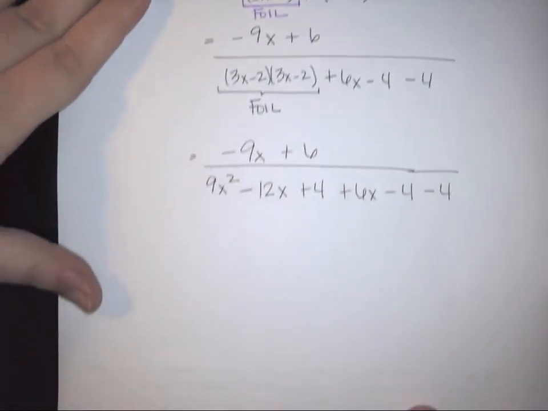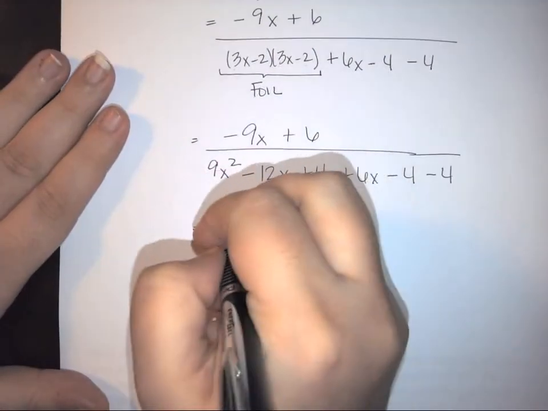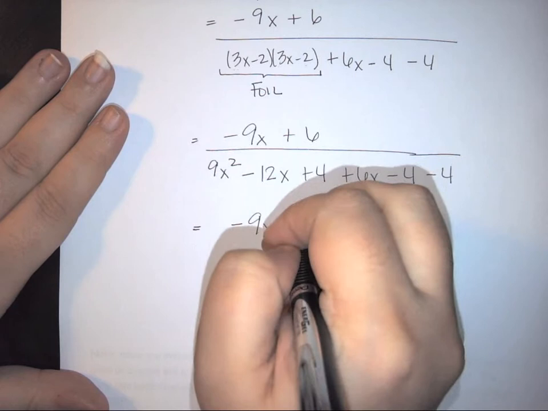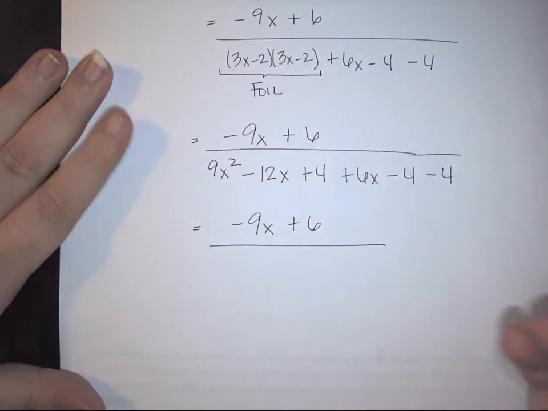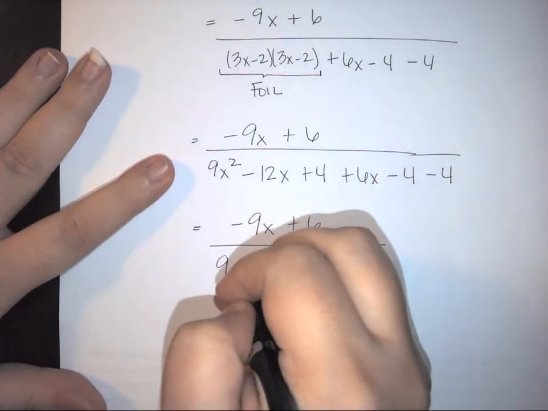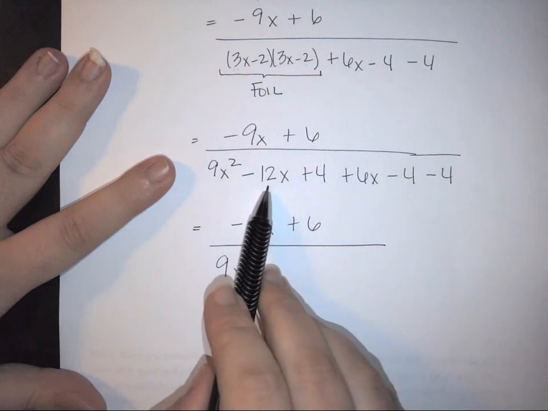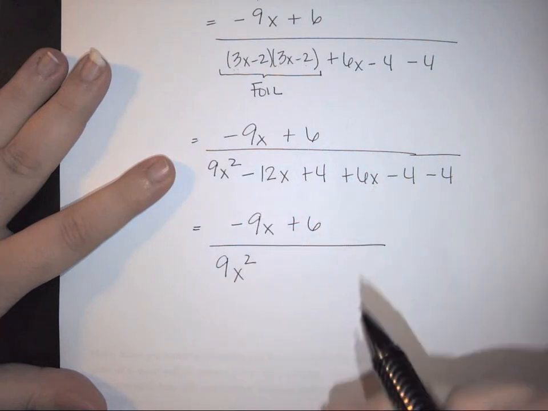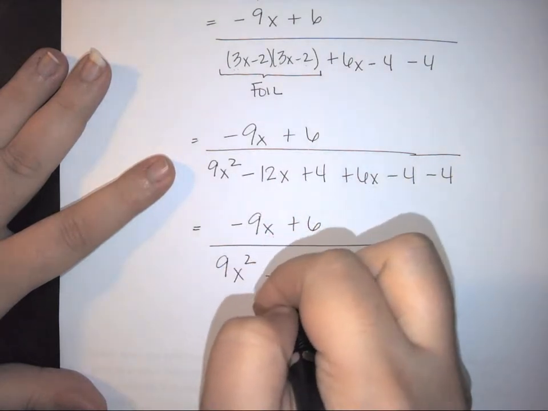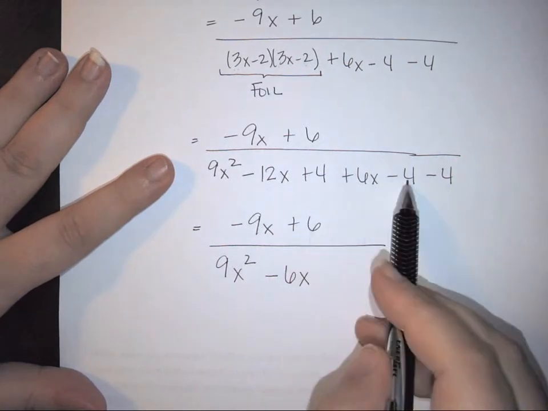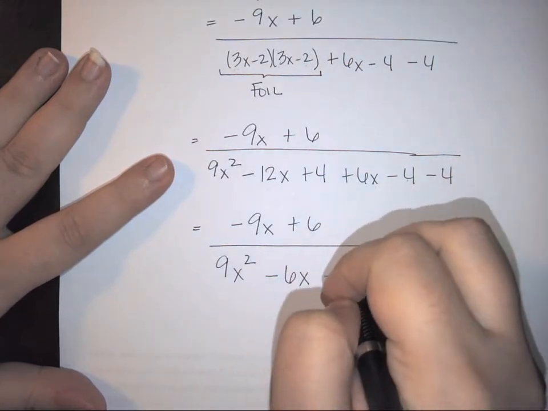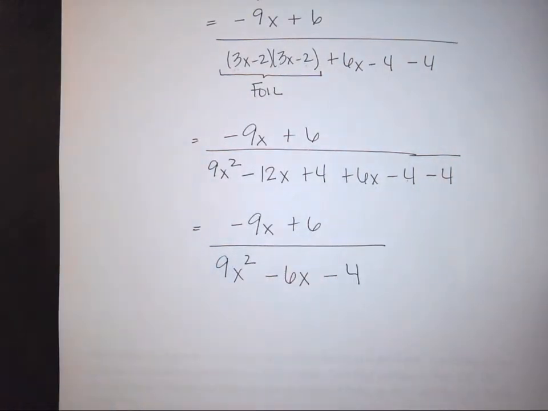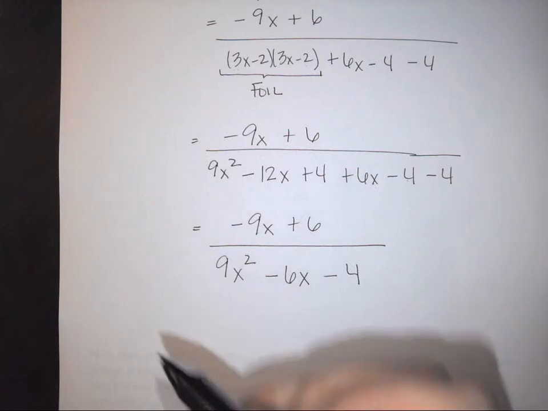I need to combine my terms. So I have a -9x plus 6 on top. And on the bottom I have a 9x squared. I have a negative 12x plus 6x gives me a negative 6x. And then I have 4 minus 4 minus 4, so minus 4. And therefore, we have finished.